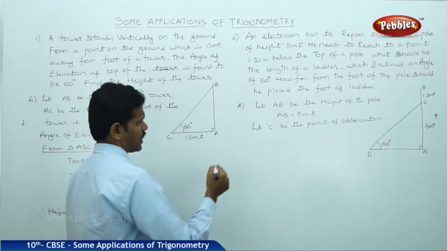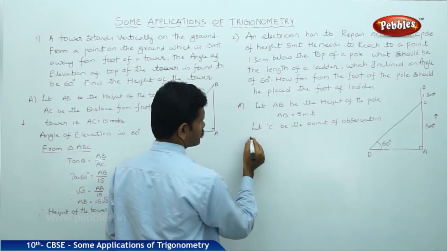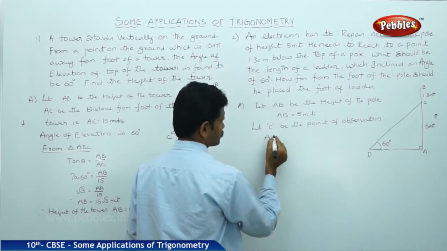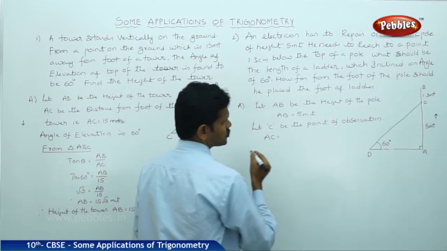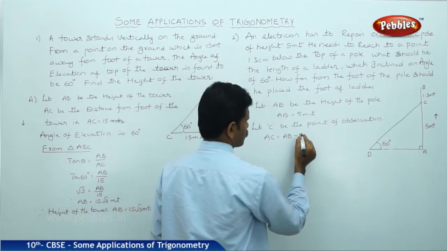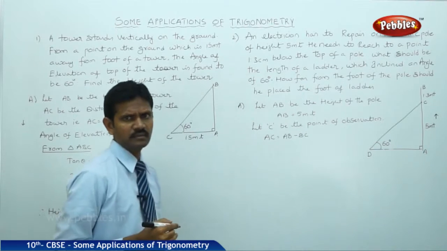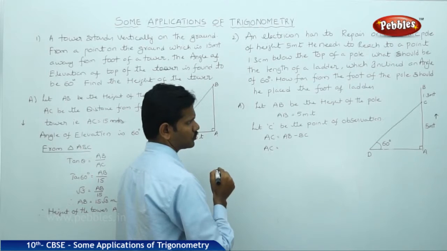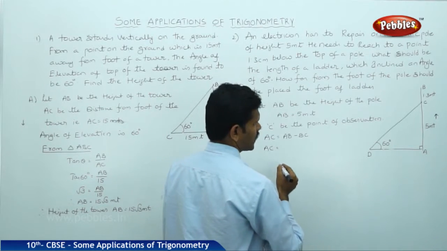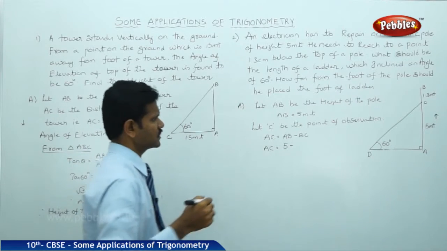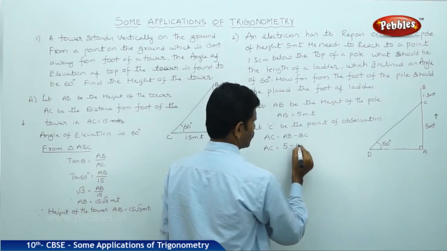Now we have to find the value of AC. AC is equal to AB minus BC. The value of AB is 5 meters minus BC, which is 1.3 meters.